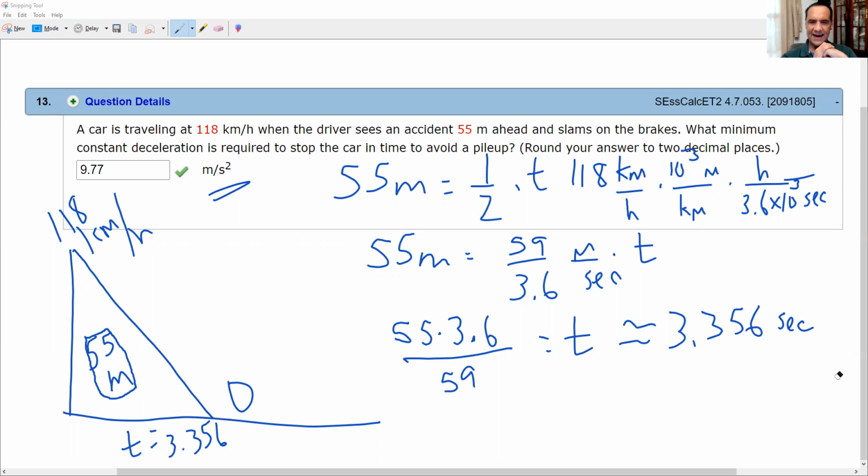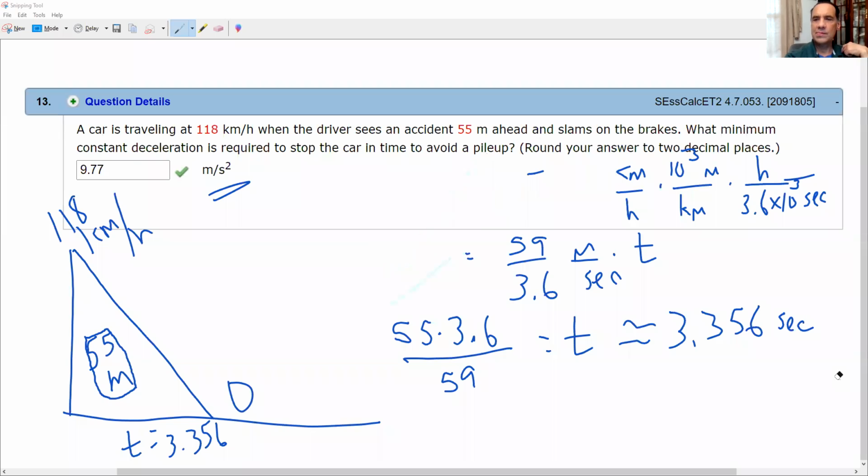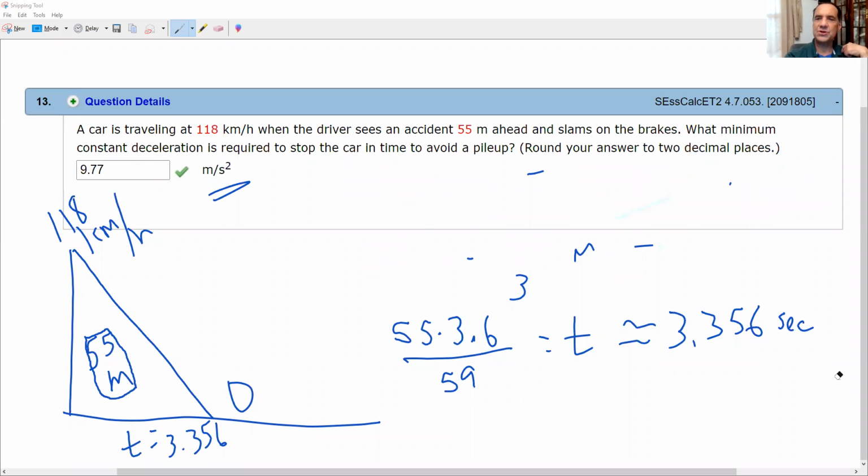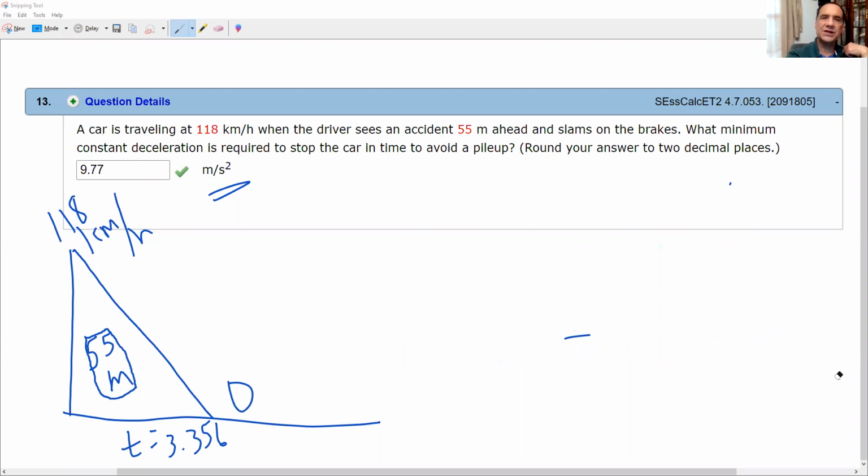I had to convert kilometers per hour to meters per second, which means when I find the slope, the acceleration is now the change in velocity over the change in time.